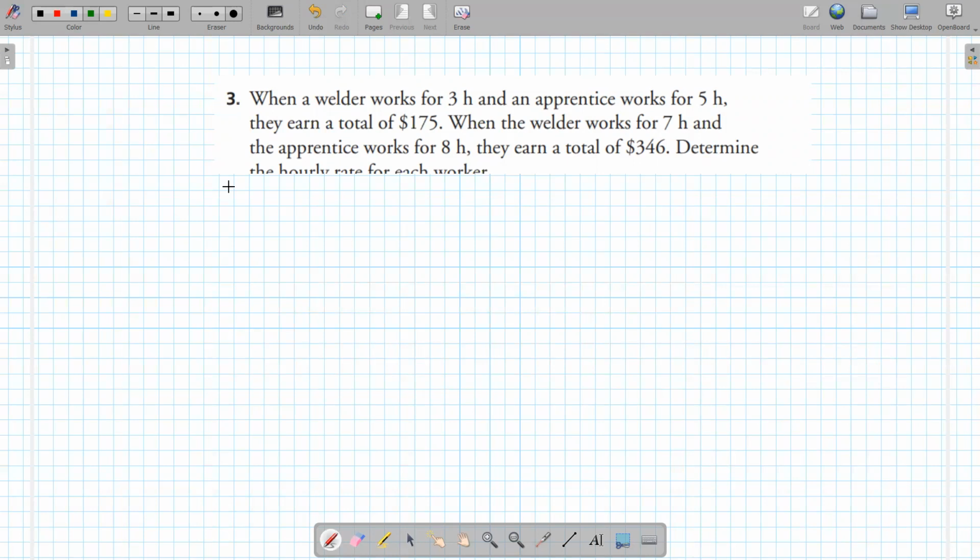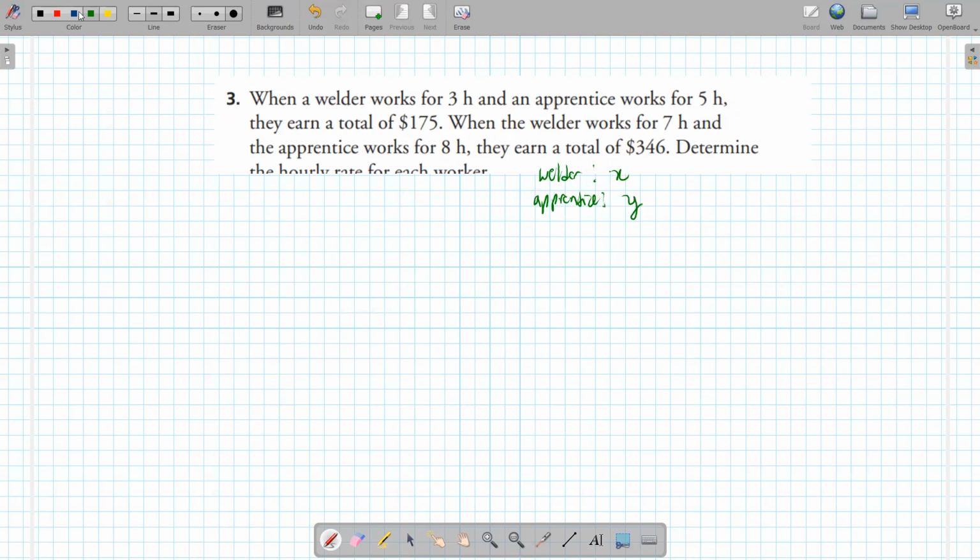What's our x and y? The easiest thing to do is just set x as whatever they're asking you for. So they're asking us for the hourly rate. We can say the rate for the welder is x dollars per hour, okay? And you can say the rate for the apprentice is y dollars per hour. Cool? X and y.